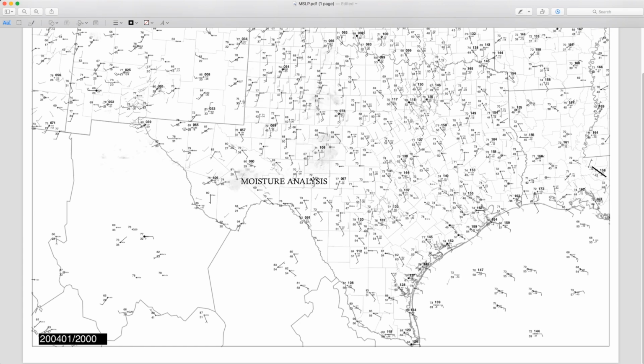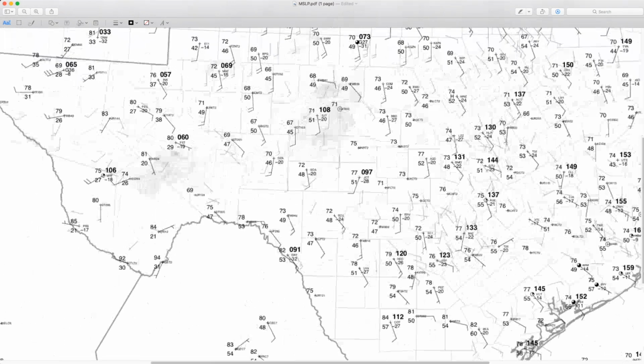Now, I don't even think that it is in Environment Canada standards to do this. This is kind of what storm chasers do, and I'm going to show you how to do this because I think it's very important. So far we've talked about fronts and isobars and all that fun stuff. I'm going to zoom in here at our surface observations.